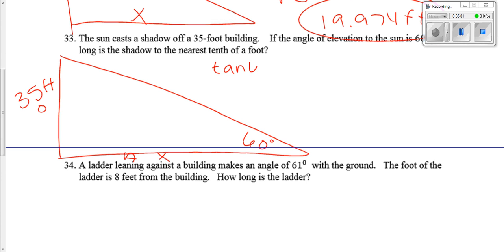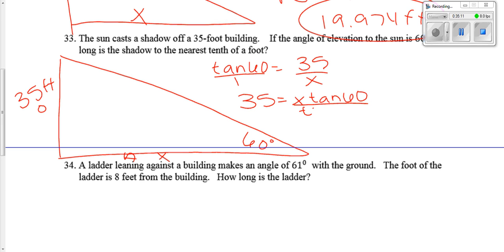So the tangent of 60 equals 35 over x. Cross multiply. 35 equals x tangent 60. Divide both sides by the tangent of 60. So x equals 20.207 feet.